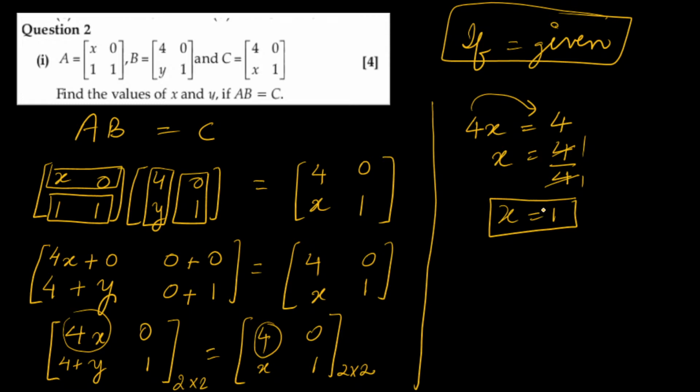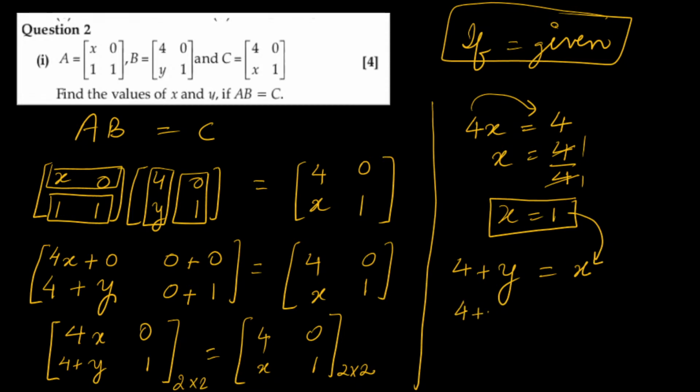Let's see y's value now. Y we have in the second row. So the first element of the second row we have to equate with the first element of the second row. So 4 plus y is equal to x. Corresponding elements we have to equate. Now the value of x we have already calculated, so we can substitute it here.